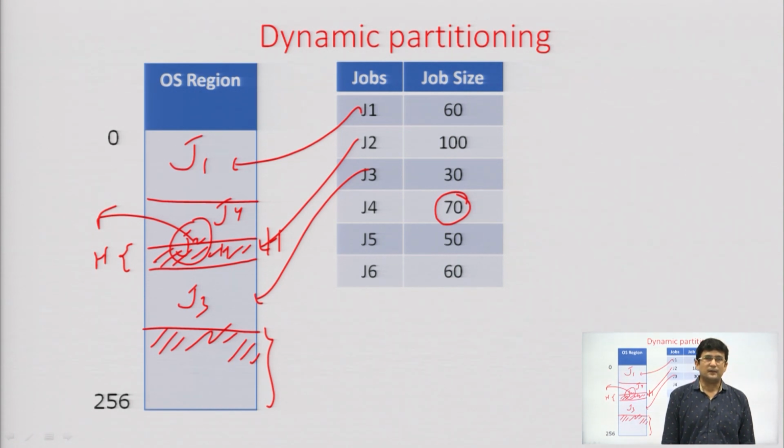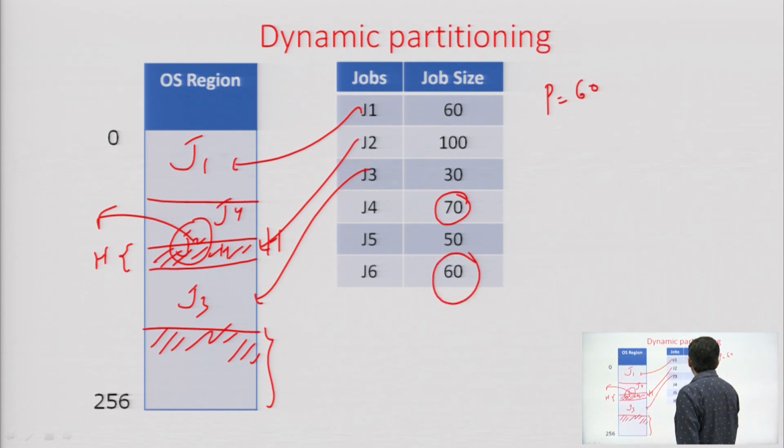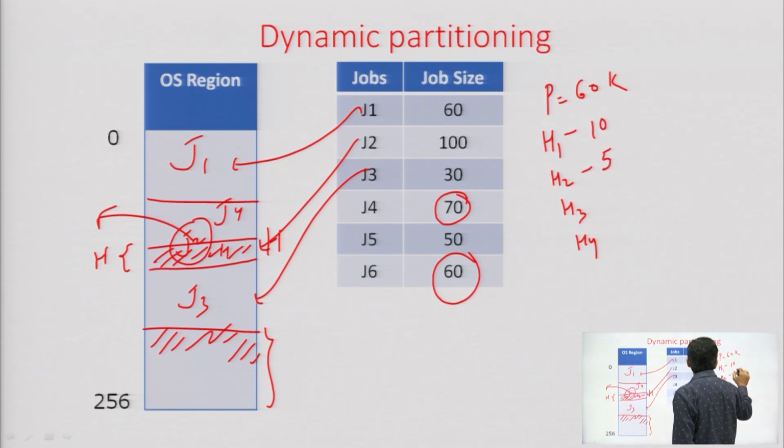To understand the disadvantage of the dynamic partitioning scheme, consider that you have to accommodate a process of 60K size, and you have various holes, let us say H1, H2, H3, H4, of sizes 10, 5, 15, and 30.